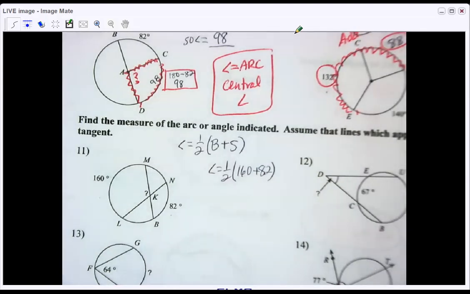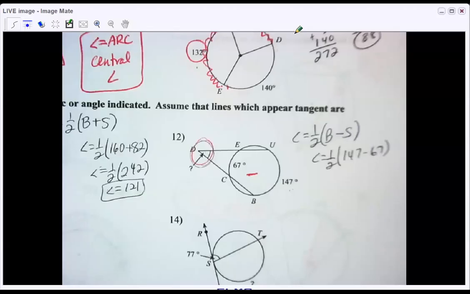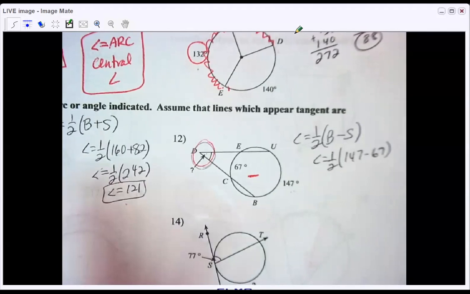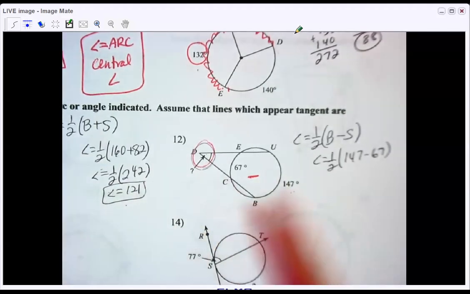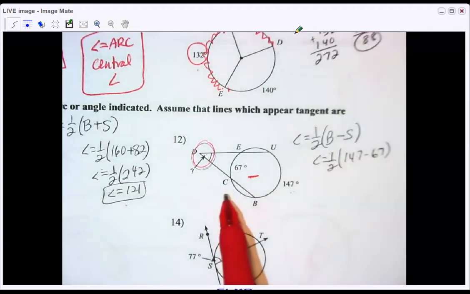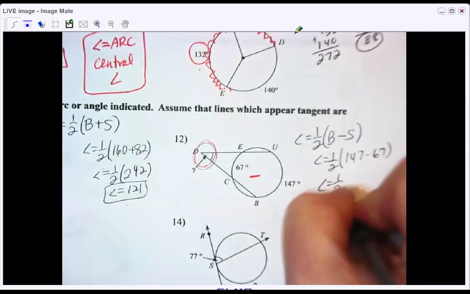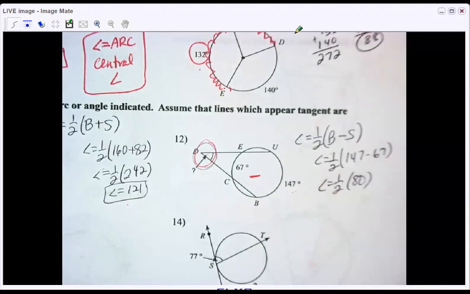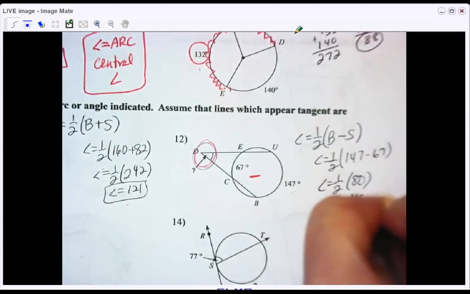Good. So on the last problem, we got 121 because we had to add the two arcs and divide by 2. This time our formula is subtract the two arcs and divide by 2. So it looks like 1/2 of 147 minus 67. Good. And you take 147 minus 67, you get 80. And 1/2 of 80 is 40.